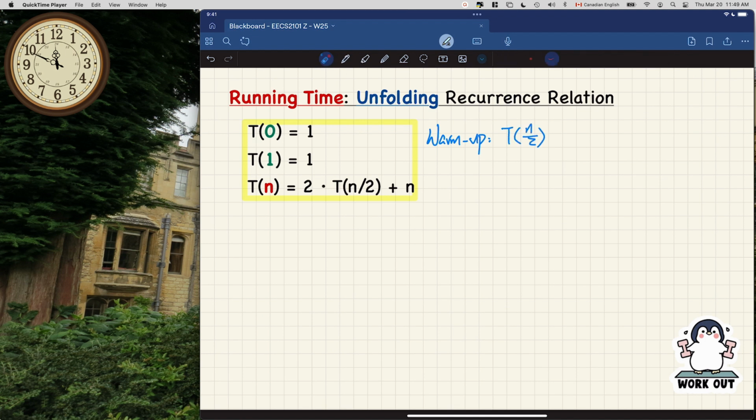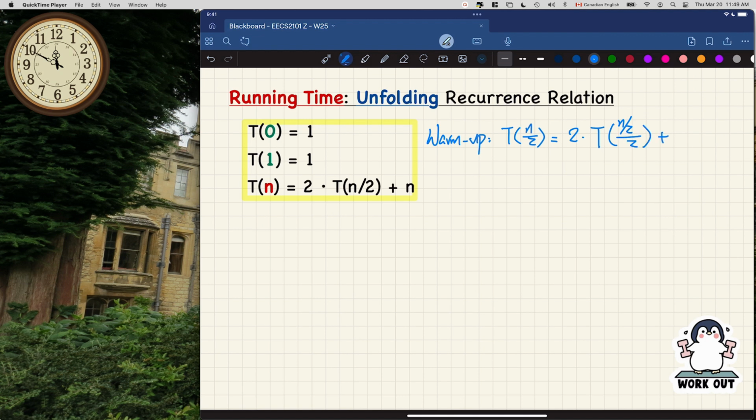This means I'm going to replace every occurrence of n, 2 occurrences, by n divided by 2, n divided by 2, n divided by 2. Watch out here, okay? Very careful. All right, let's see what that should be. That one will be 2 times T of n divided by 2, and then divided by 2.